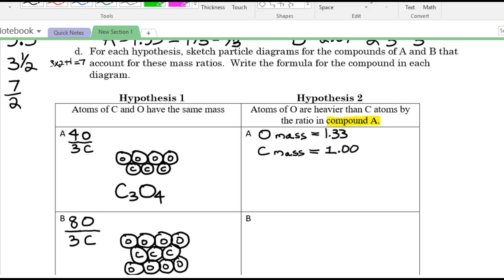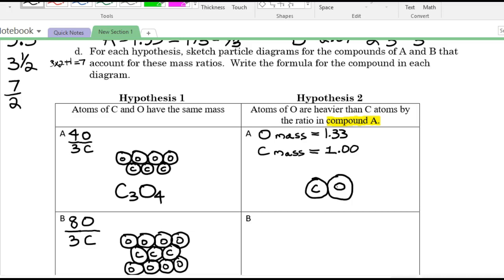Well, let me draw a carbon atom. And I know my oxygen is heavier, so I can make it bigger. There's oxygen. So there's carbon and oxygen.